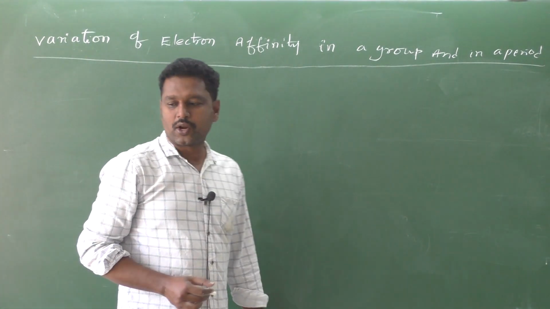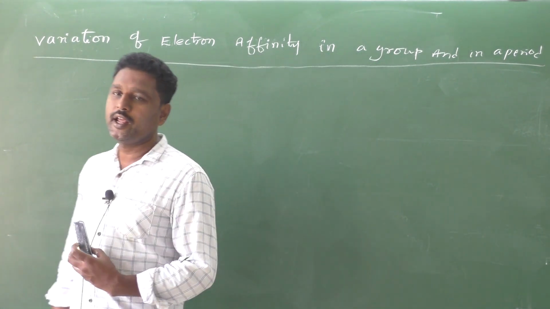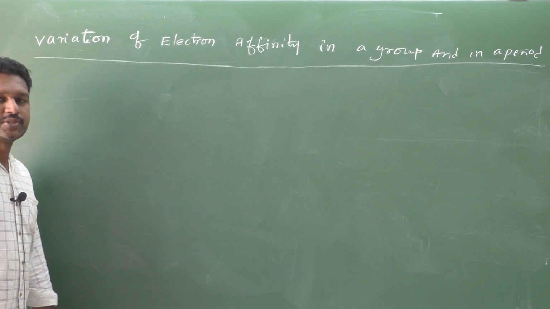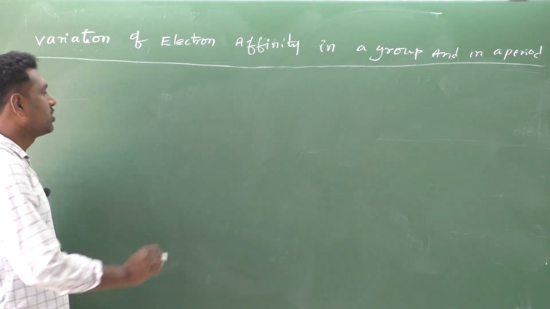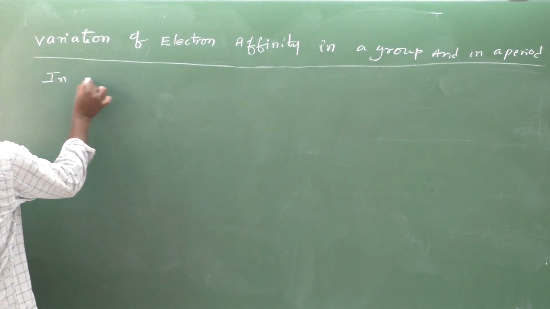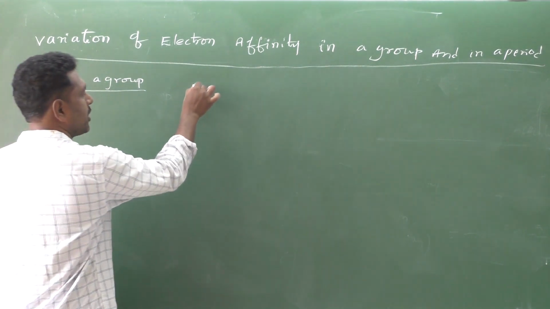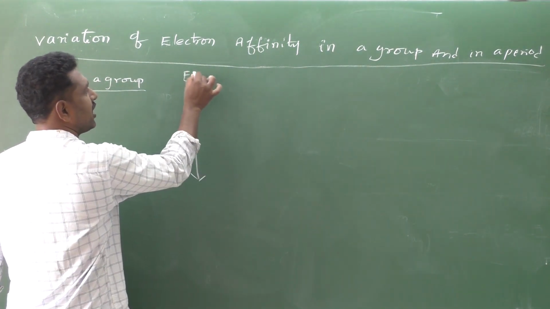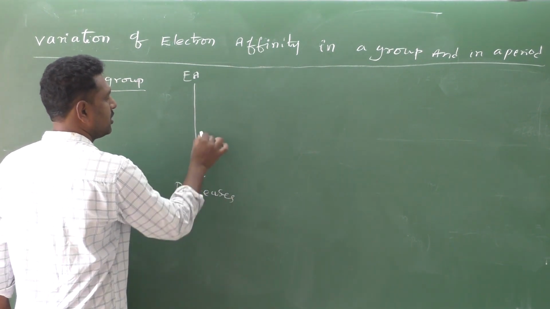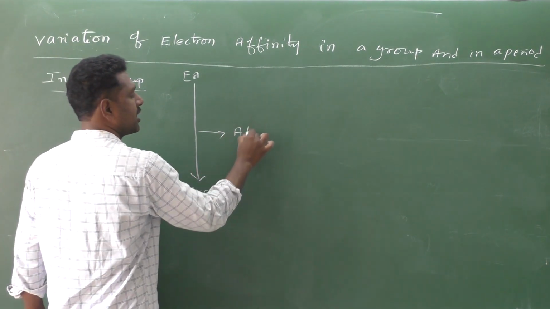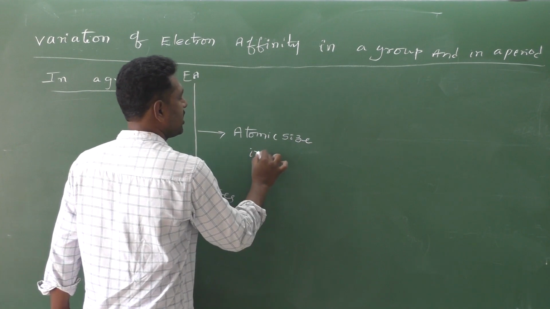In a group, from top to bottom, electron affinity values gradually decrease because atomic size increases.